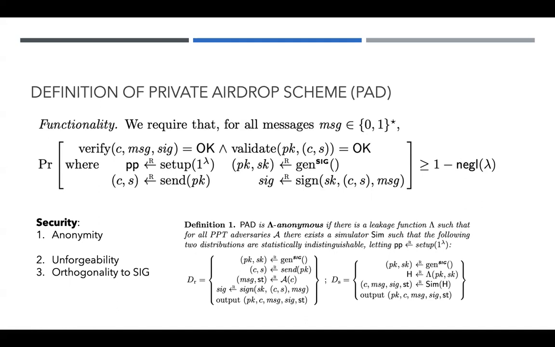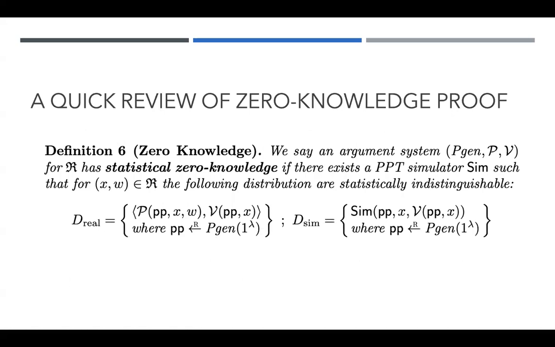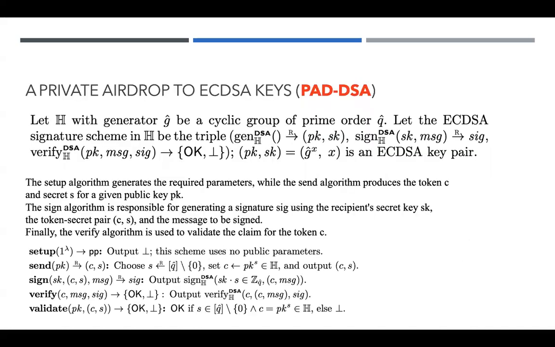Now, before we dive into the formal construction of two PAD systems, let's quickly review the zero-knowledge proof as shown in the slides. Okay, so let's move on to the formal construction of PAD. The first one is a private airdrop to ECDSA keys, aka PAD-DSA.